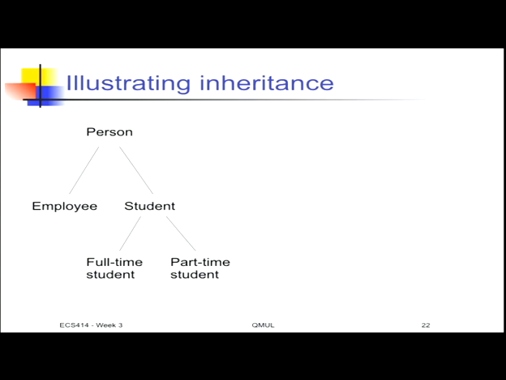Also, full-time student is a subclass of person, even if it is not an immediate subclass, because it's a subclass of student and student is a subclass of person. So being a subclass is a transitive property. If A is a subclass of B and B is a subclass of C, then A is a subclass of C. Okay, that makes sense.